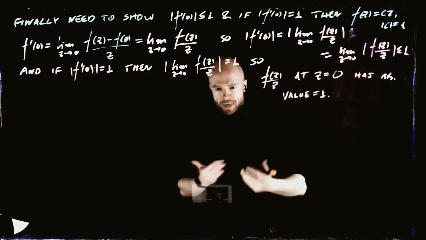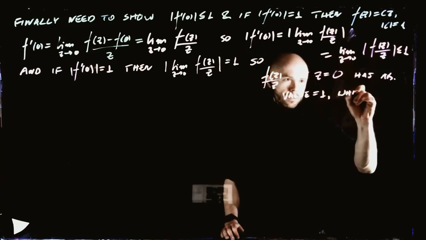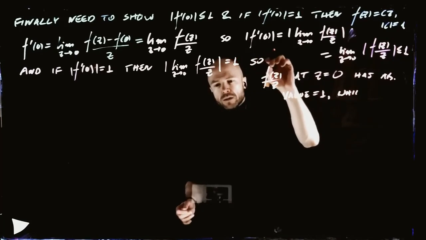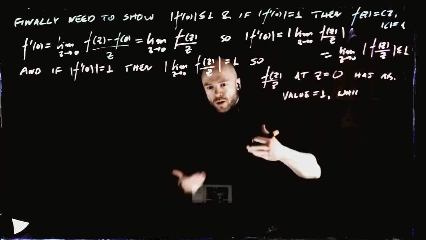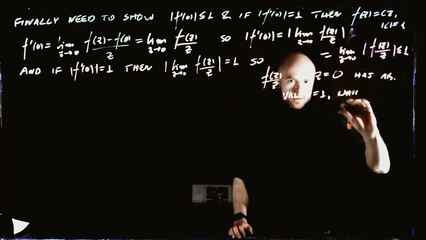Which again contradicts the maximum principle unless it's constant. Because again, f of z over z, even though I can't easily stick in the value 0 into this, is a holomorphic function because we've seen the singularity at 0 is removable.